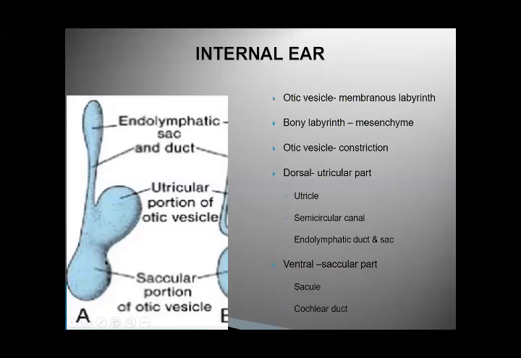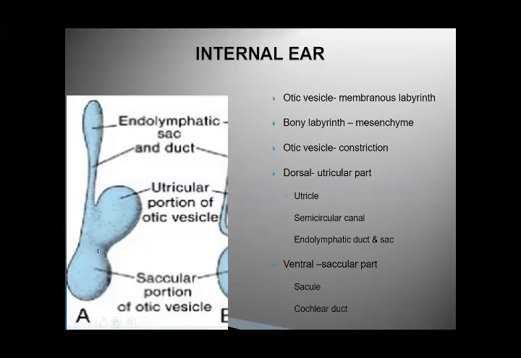This is the ventral part that develops into saccule and then later on into cochlear duct. ये saccular part of the otic vesicle है. And dorsal part is the utricular part. So the otic vesicle में constriction develop होती है.